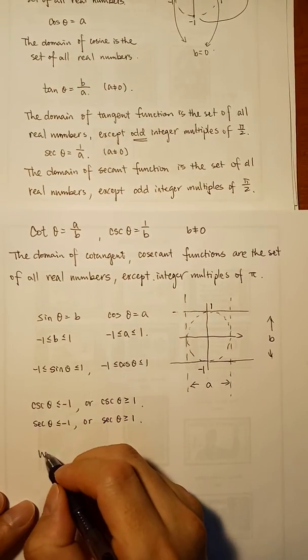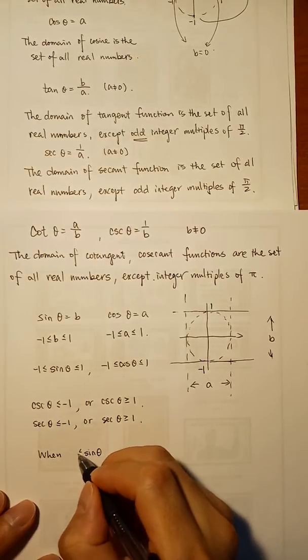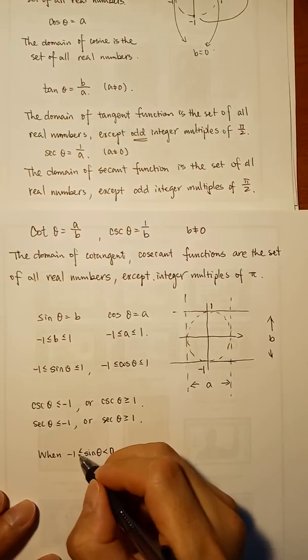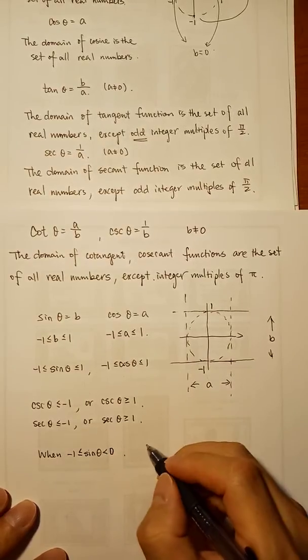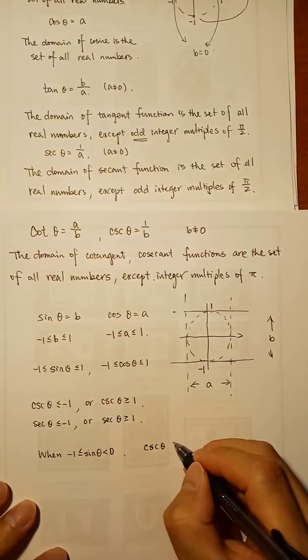Okay, so what is the detailed correspondence? When sine theta is between -1 and 0, cosecant theta is less than or equal to -1.